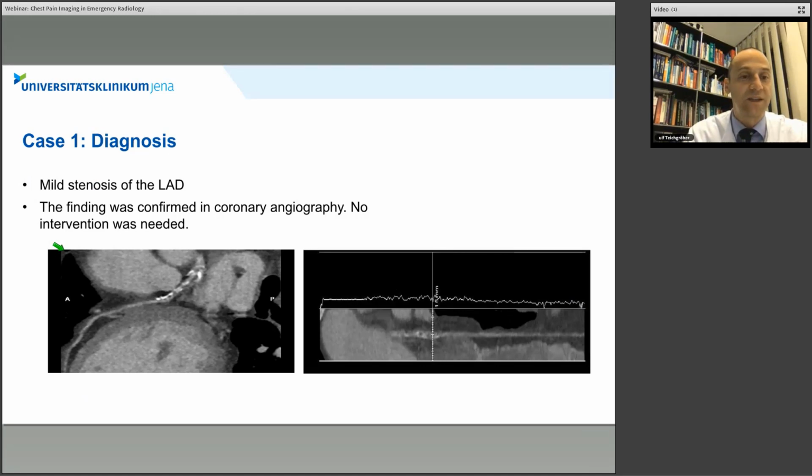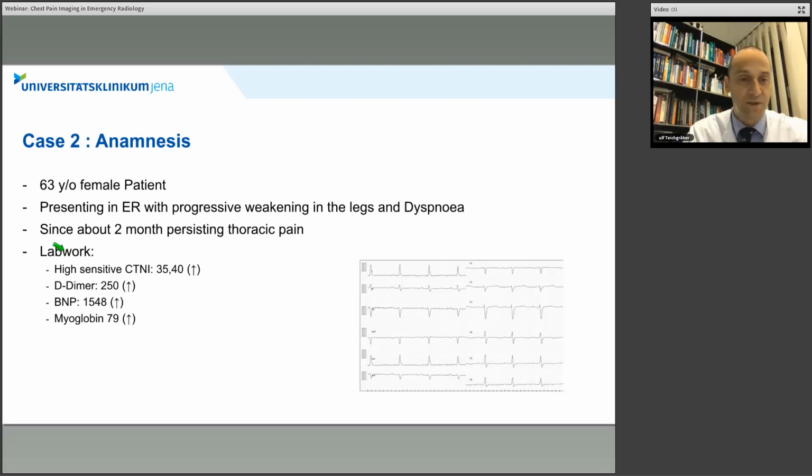There was a mild stenosis of the LAD in the reconstructions. The finding was also confirmed in the coronary angiography, and there was no intervention needed in this patient. We also ruled out the pulmonary embolism as well as the aortic syndrome in the same patient. So it was possible to do this in one patient.